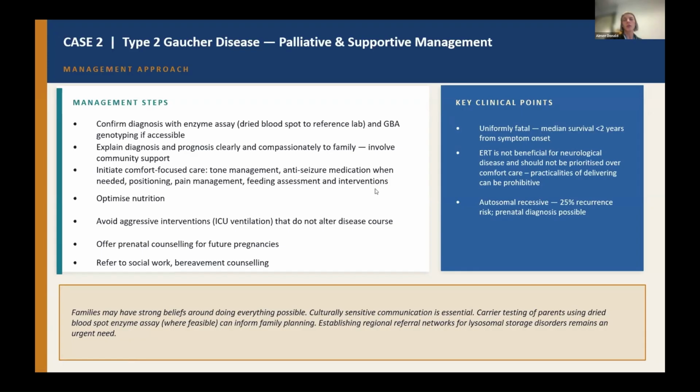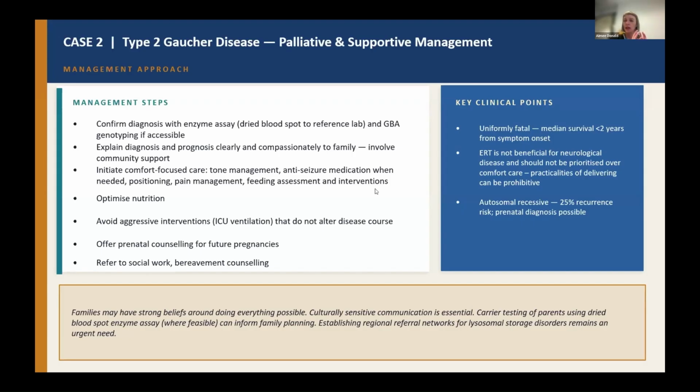Think about counselling for future pregnancies for the family, and use whatever social services, bereavement counselling, palliative care, community care that you can access to support this family. This is a horrible condition, particularly the early onset forms, and we want to be aware of that.